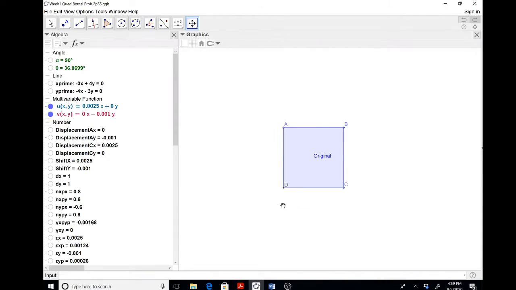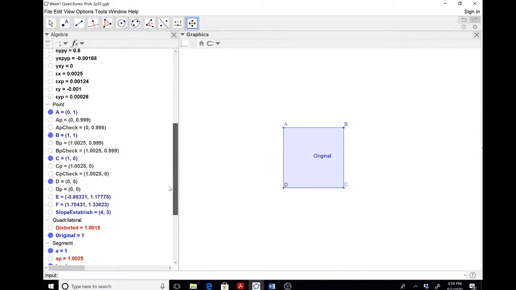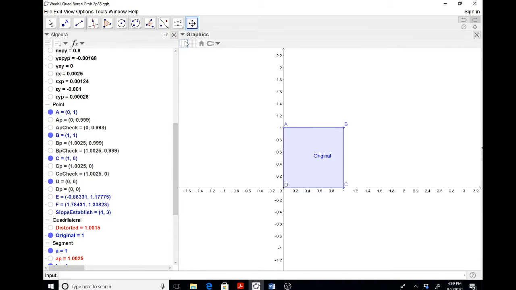The first thing I did was I drew the quad, which is really easy here, 0, 1, 1, 1, 1, 0, and the origin is D, which is at 0, 0. So you could see it here. So I'm calling this the original shape.